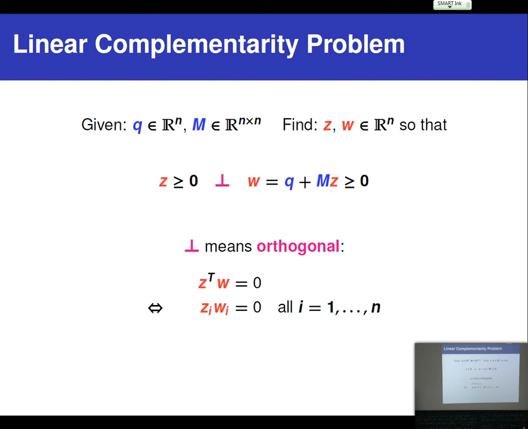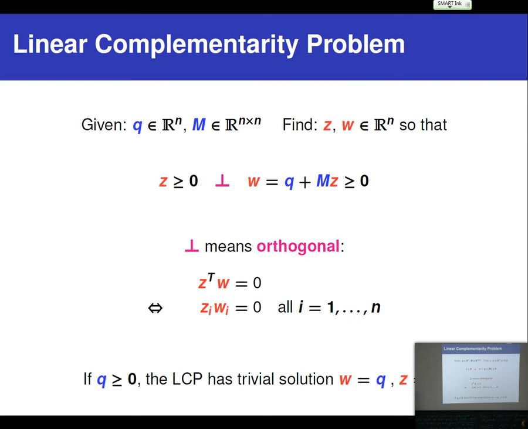We're asked to find these two n-vectors z and w, such that w satisfies this linear constraint and is non-negative, and z is also non-negative, and then we have the complementarity condition, which says that the dot product of these two is 0, which, since they're both non-negative, implies that component-wise, for each of these pairs zi, wi, at least one of them must be 0.